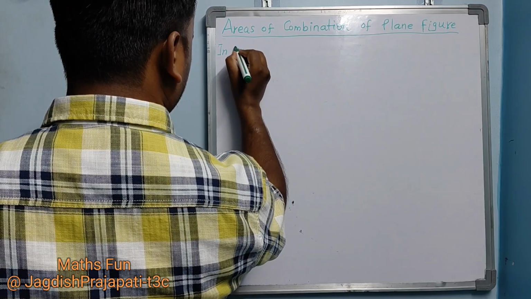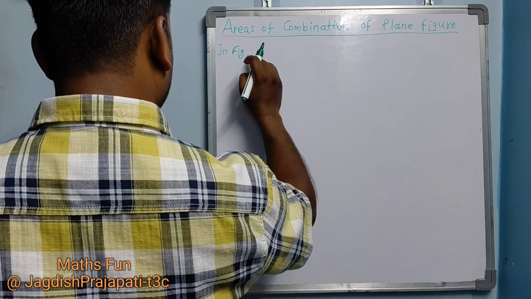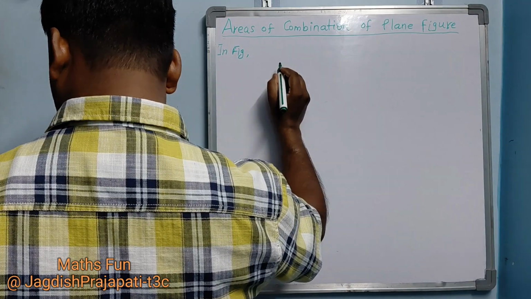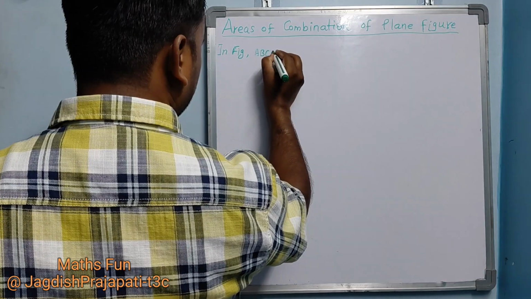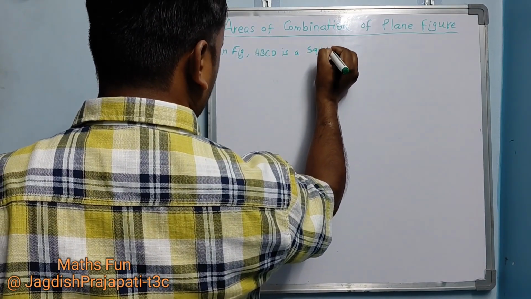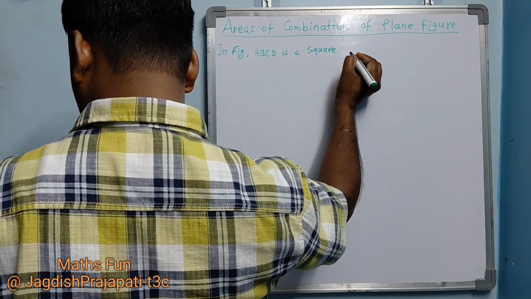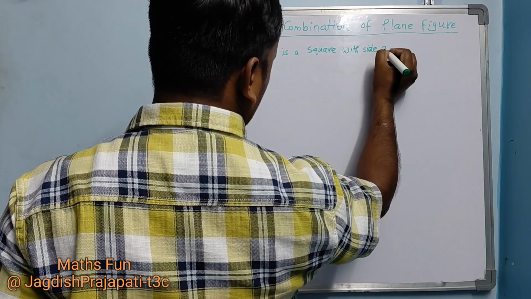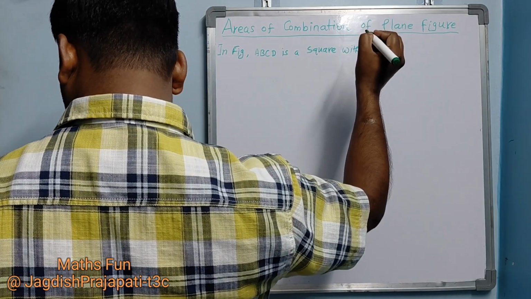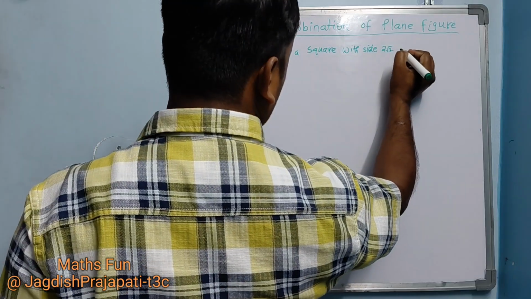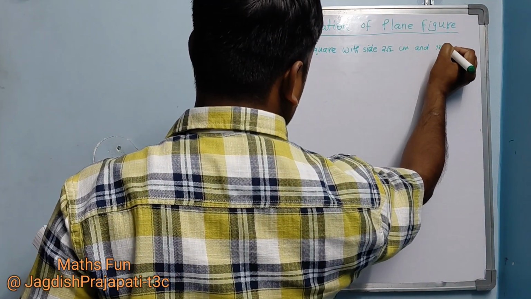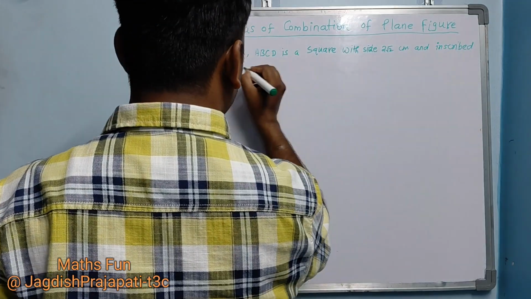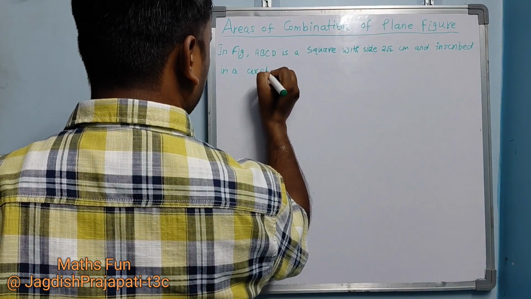In the figure, ABCD is a square with side 2 under root 2 centimeters and inscribed in a circle.